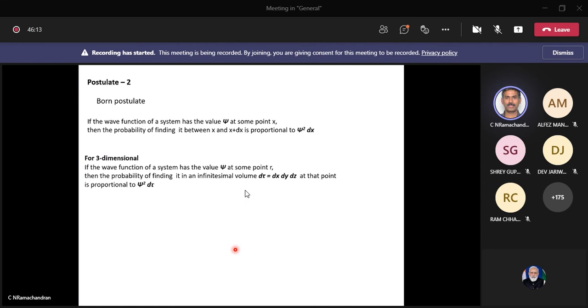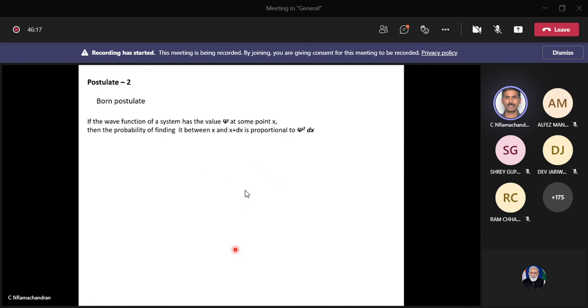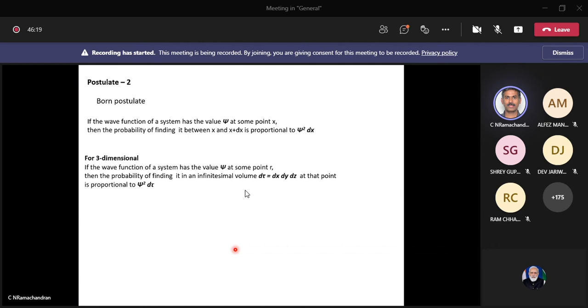So although psi has no meaning, its square gives the probability of finding the particle in a definite space. Its square is very important, and we can interpret the result with the square, but not the wave function as such.